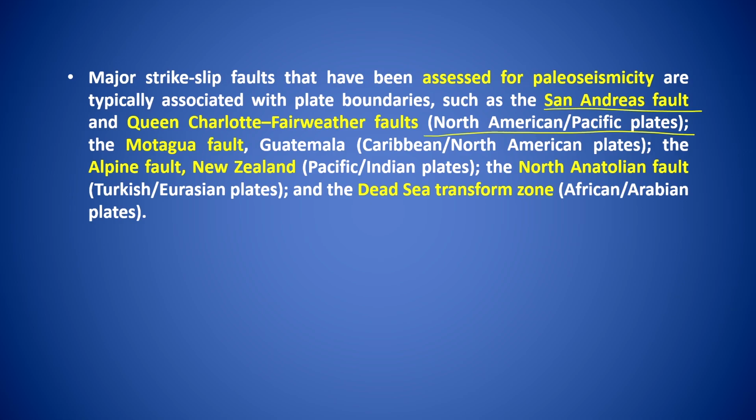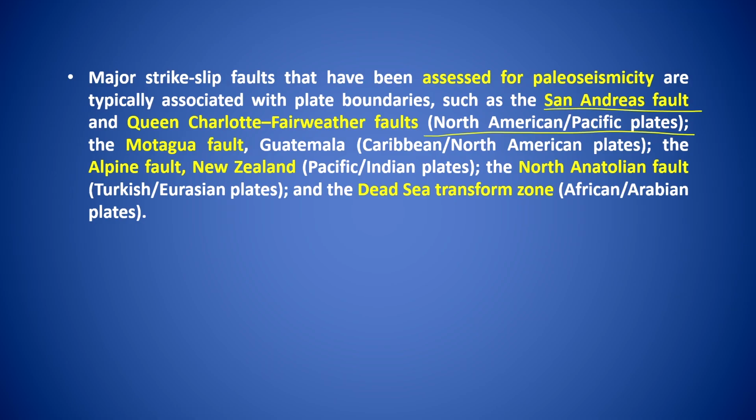Then there is another one between the Caribbean and North American plates, that is the Motagua fault, and the Alpine fault in New Zealand, and the Dead Sea transform fault between the African and Arabian plates. Okay. So, these are a few major fault systems which exist.